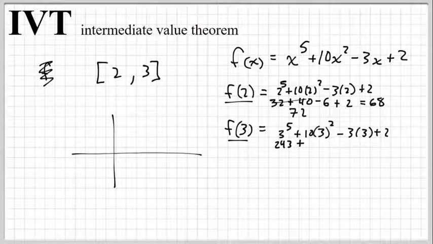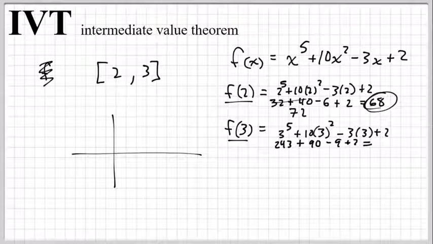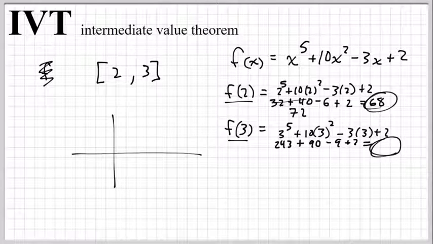Can you guys check that math with the calculator? Then we have 90 minus 9 plus 2. Now I'm pretty sure I'm going to get a positive number here. Don't you guys agree? So I get a positive number for the 2, and a positive number for the 3.